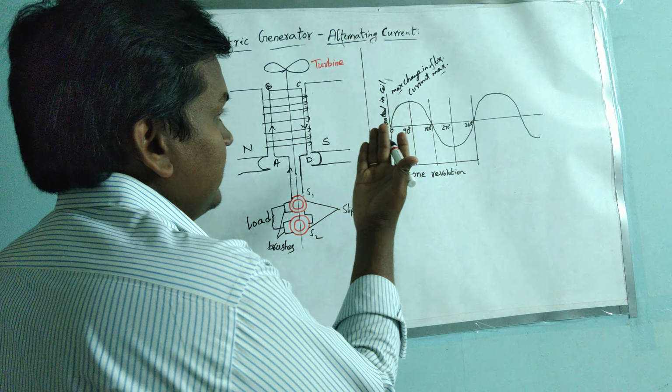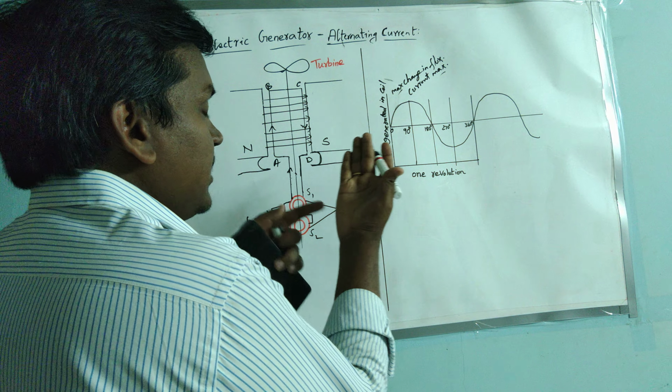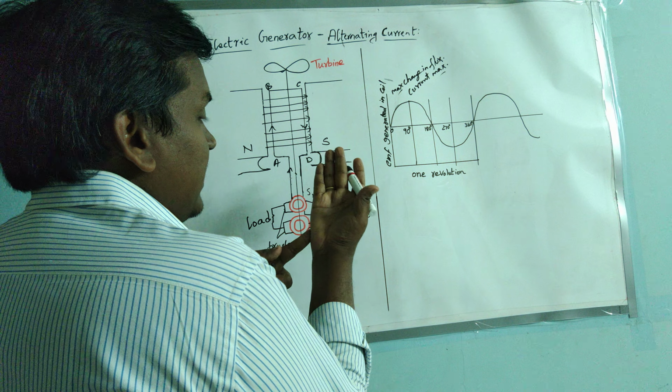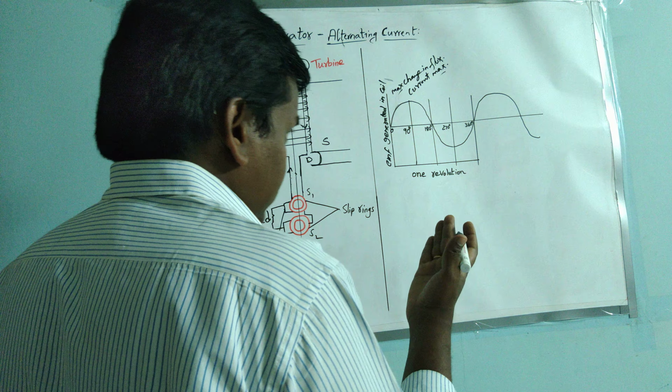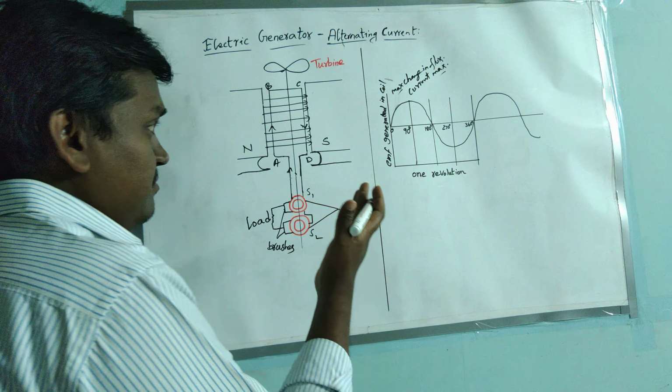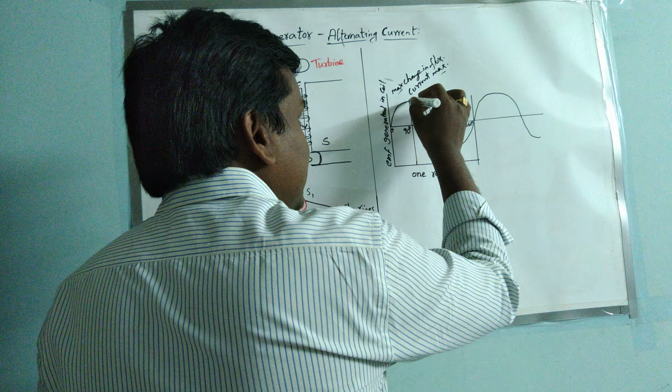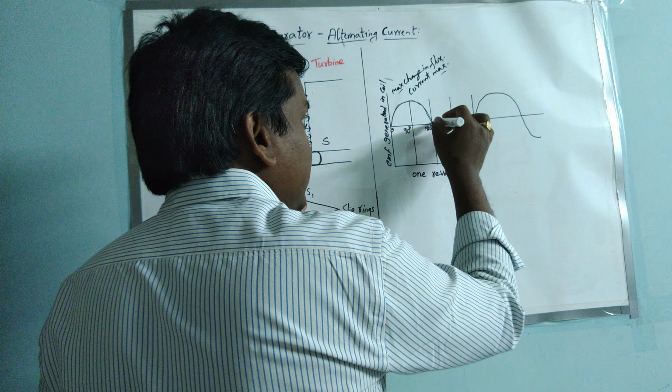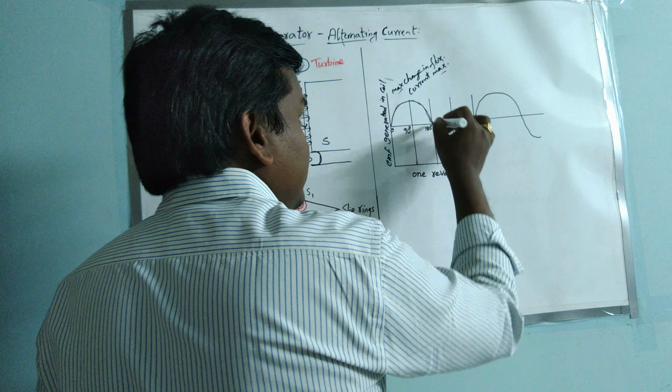That means the number of field lines passing through it is 0, and when it is again perpendicular to it, the change in flux will be minimum. That means the current decreases. And after 180 degrees, which is a half rotation, as we discussed before, the direction of current reverses.